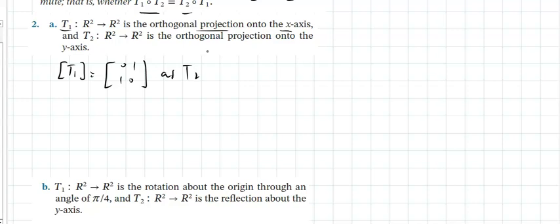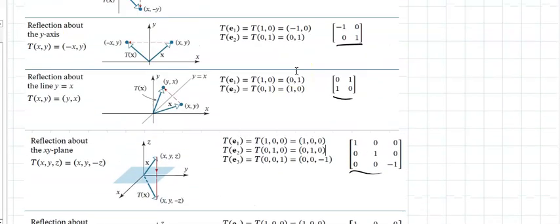And T sub 2 is the orthogonal projection onto the y-axis. Actually, I copied that one wrong, so that's 0, 0, 0, 1. Projection on the x, projection on the y.